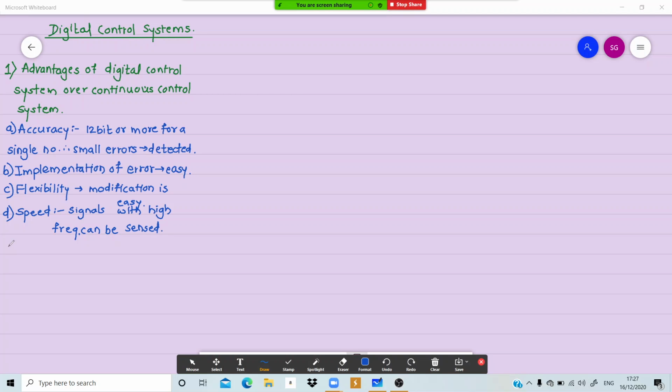Then the next point is E, that is cost of the system. All of you are aware of digital systems nowadays: the cost is becoming less and less. Why?